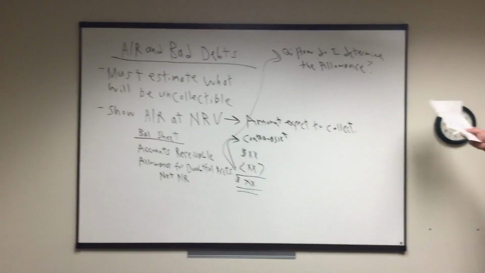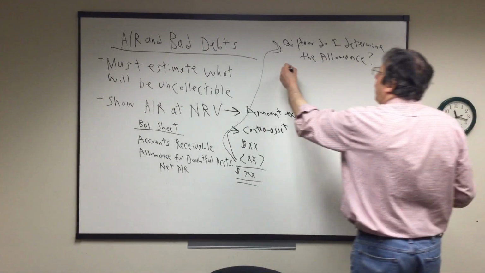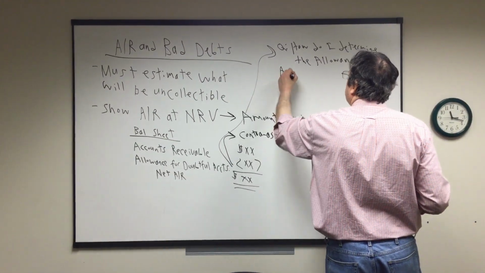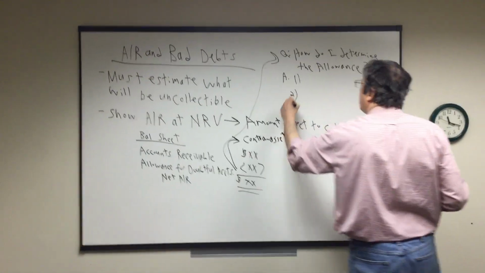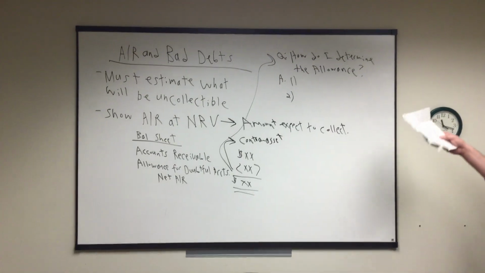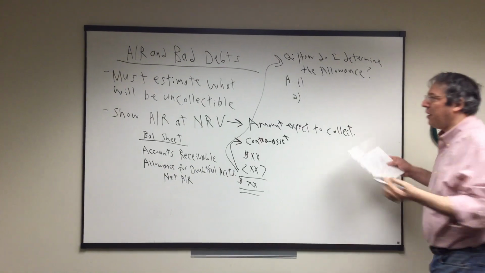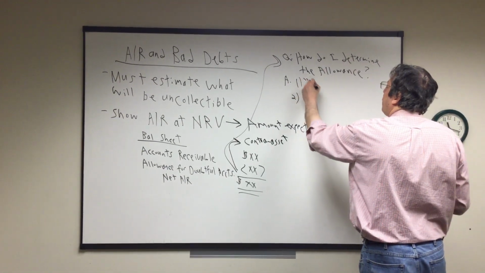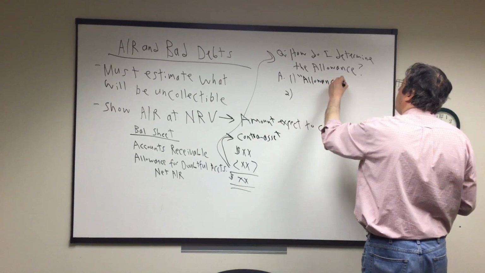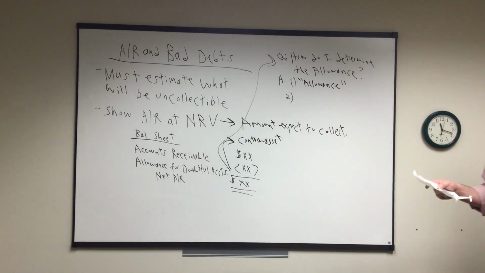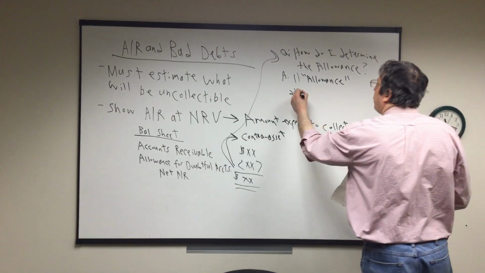The question is, how do I determine the allowance for doubtful accounts? And there's two broad methods that we could use. The first method to determine the allowance, believe it or not, is called the allowance method. All right, not very creative. The allowance method. And the second method is called direct write-off.